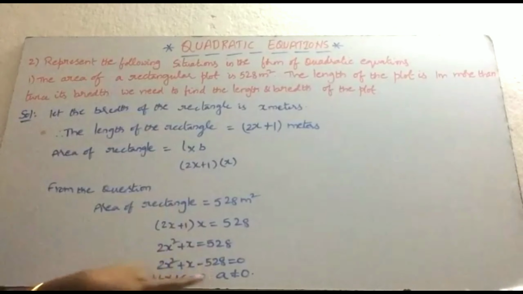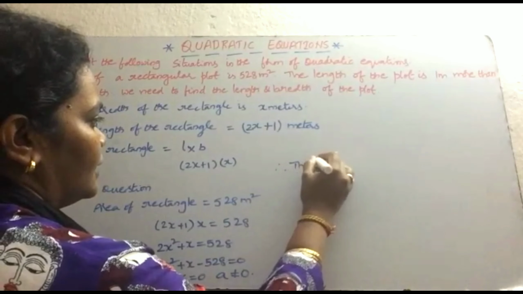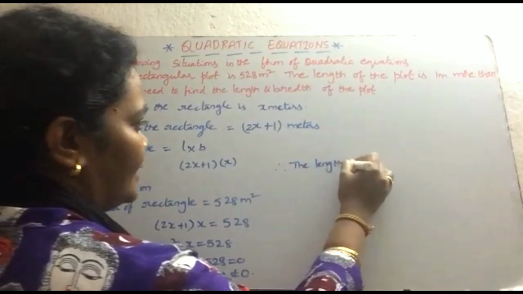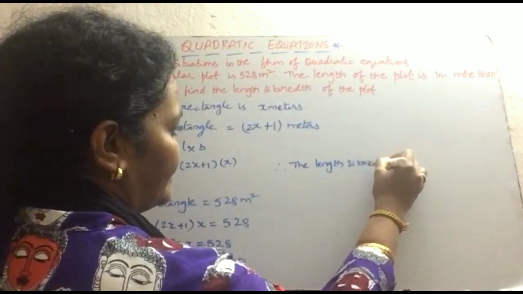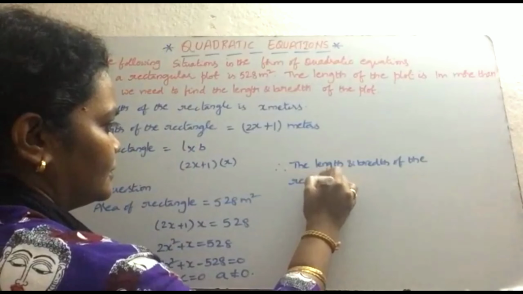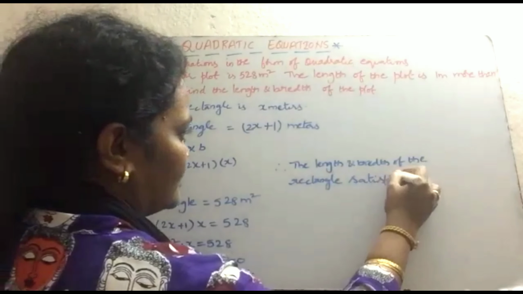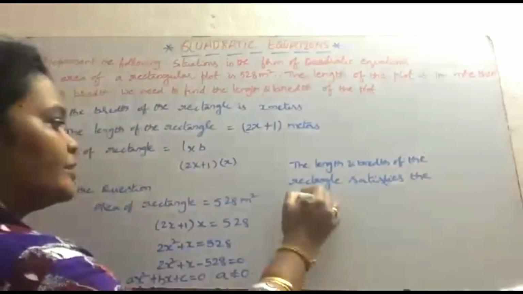So this is a quadratic equation. Therefore, the length and breadth of the rectangle satisfy the quadratic equation.